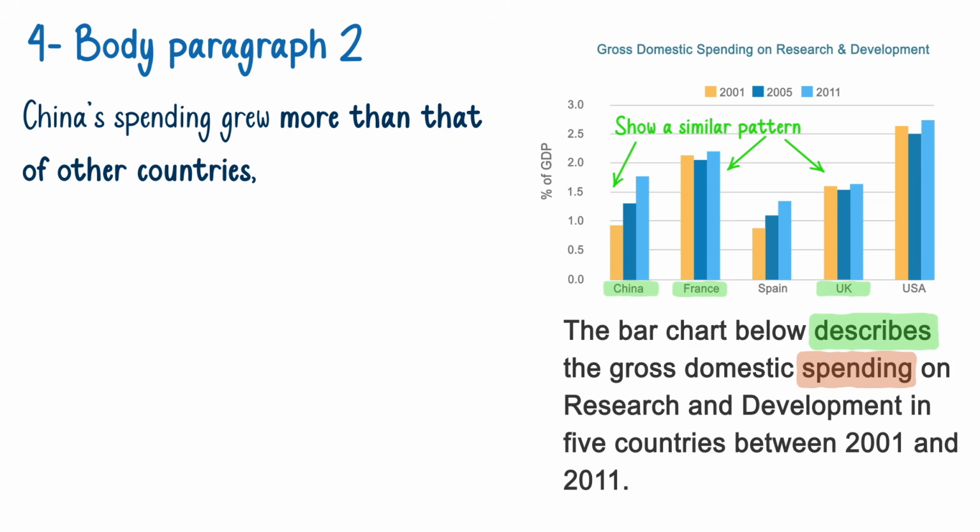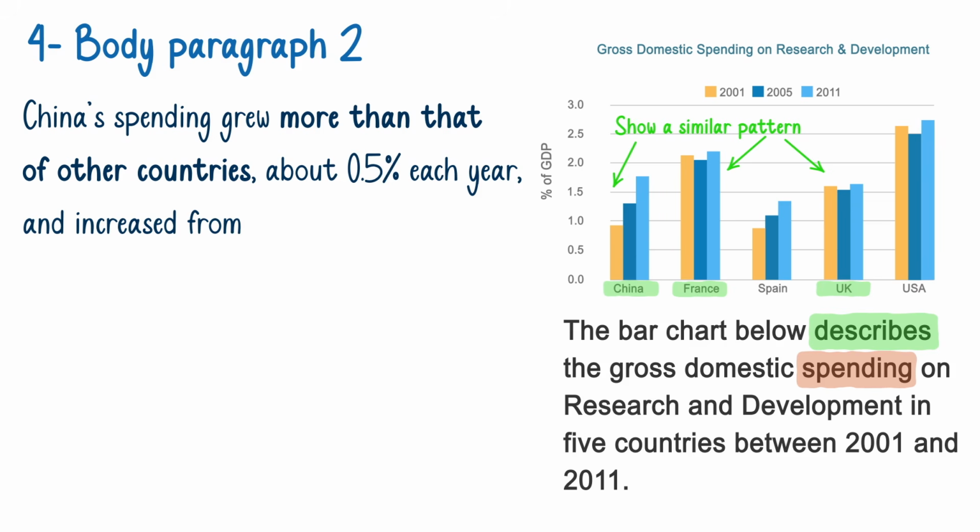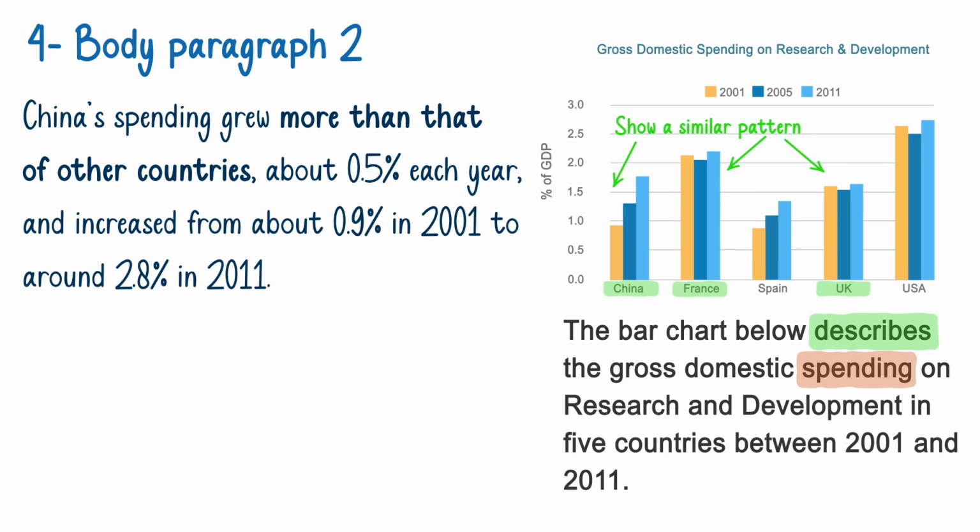And we can add more information about this degree of increase. We can write about 0.5% each year, and increased from about 0.9% in 2001 to around 2.5% in 2011. So China is done. We talked about the degree of increase for China.